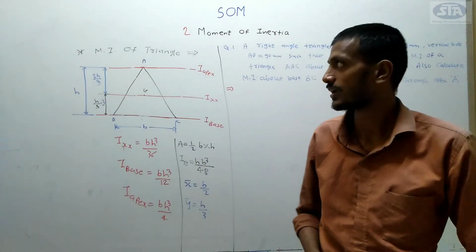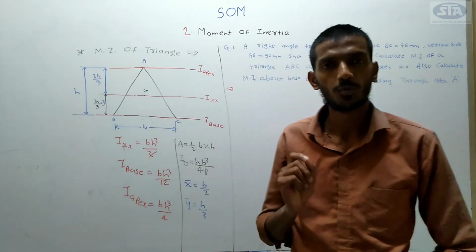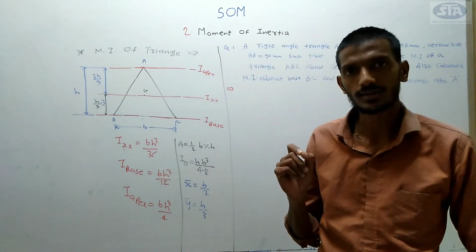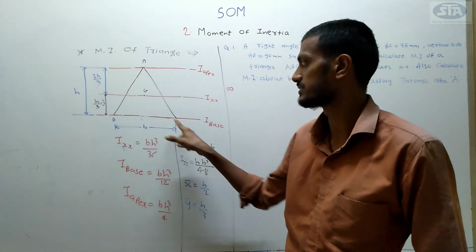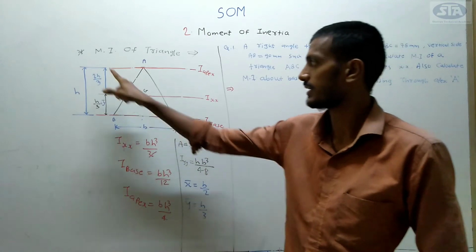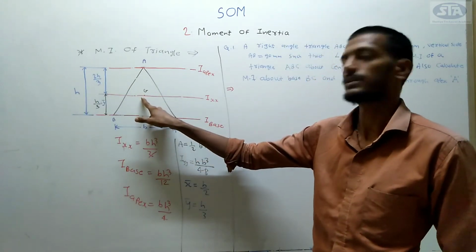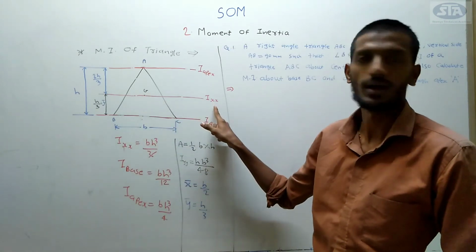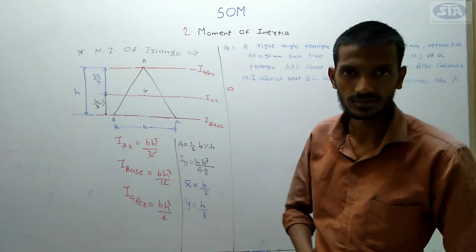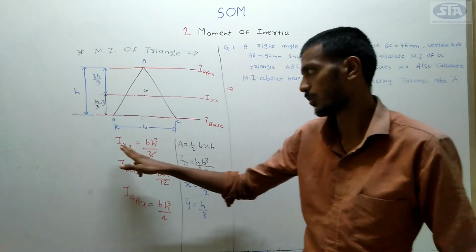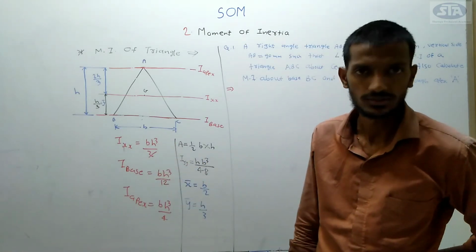Hello students. Now the next topic, which is MI of a triangle, moment of inertia for a triangle. Here I draw triangle ABC, which has a width B and height H. The centroid is G, and from the centroid the x axis passes, that is the moment of inertia Ixx. The direct basic formula: the moment of inertia about Ixx is equal to BH cube divided by 36.